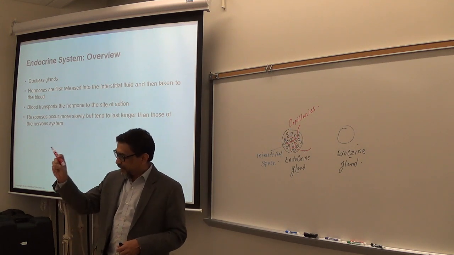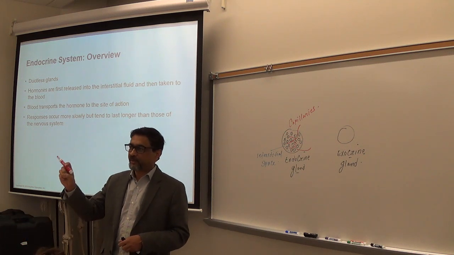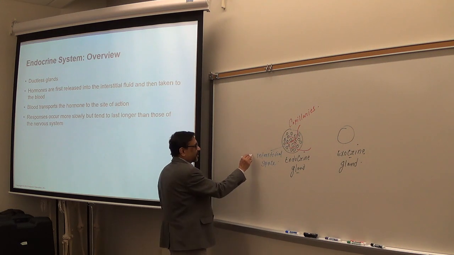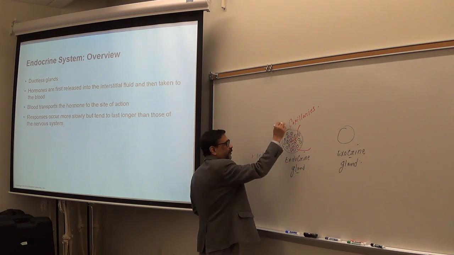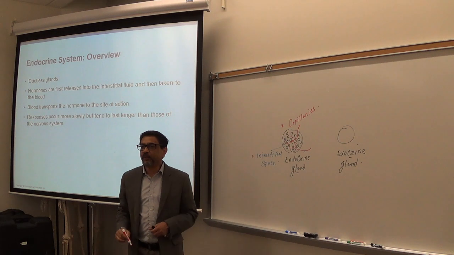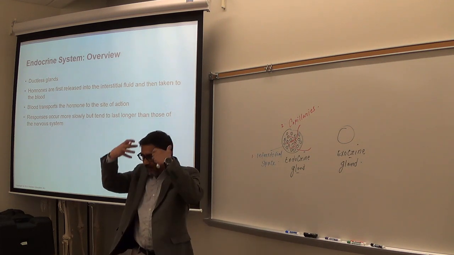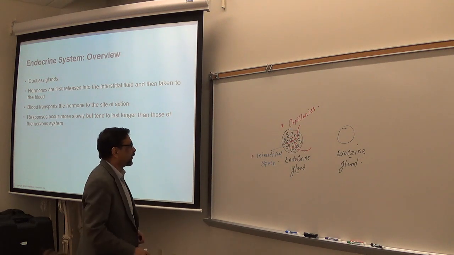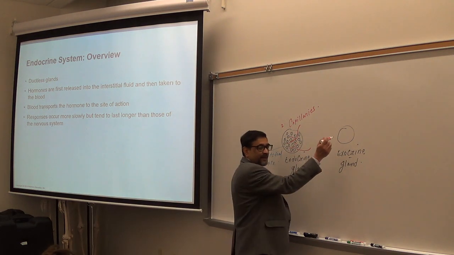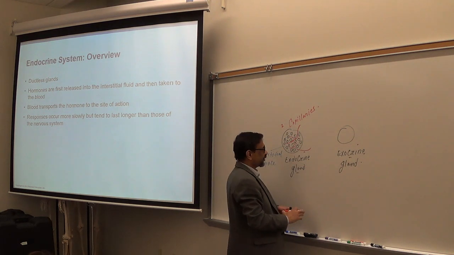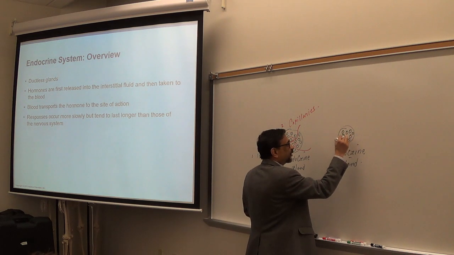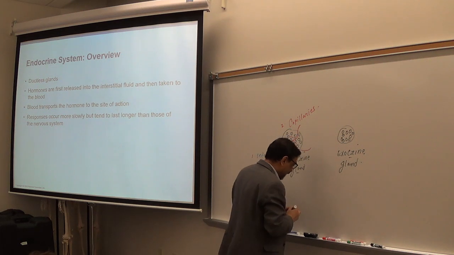So, the cells of endocrine gland secrete hormones into the interstitial space first, and then from there goes into the capillaries. That means into the blood, right? And blood takes the hormones throughout the body. In case of exocrine, you see what happens. The cells secrete the hormones directly into the ducts.